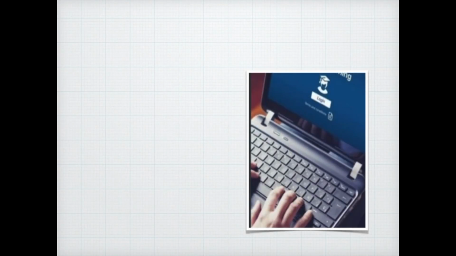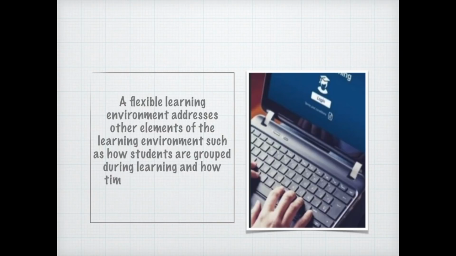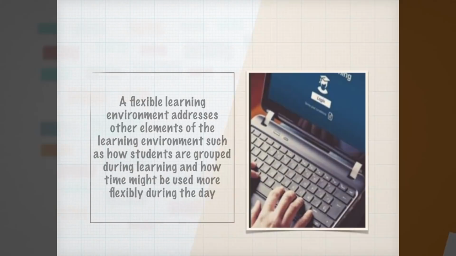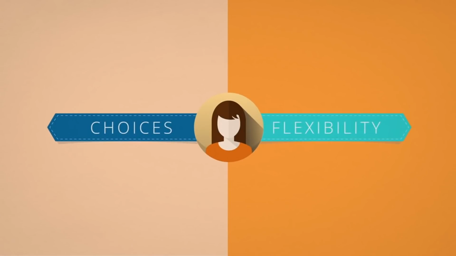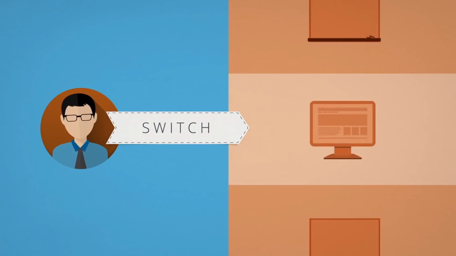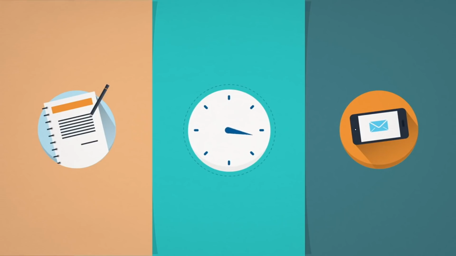A flexible learning environment actually addresses other elements of the learning environment, such as how students are grouped during learning and how time might be used more flexibly during the day. It basically means offering students a choice in when, how, and where they study, just to fit learning around other commitments.